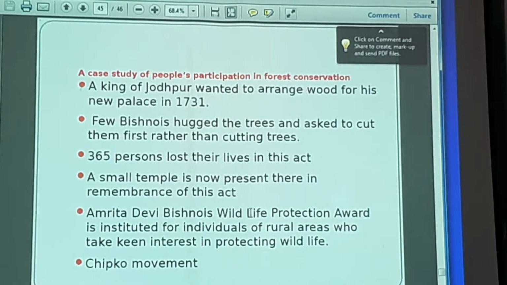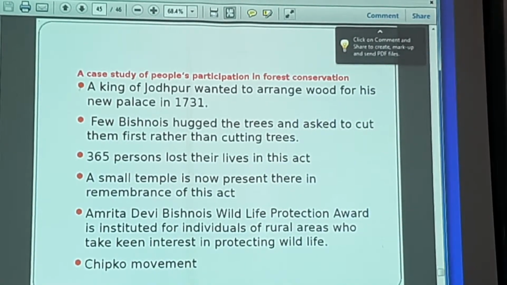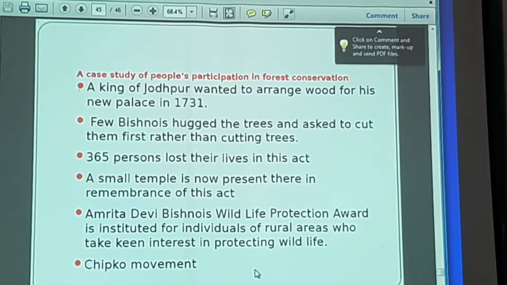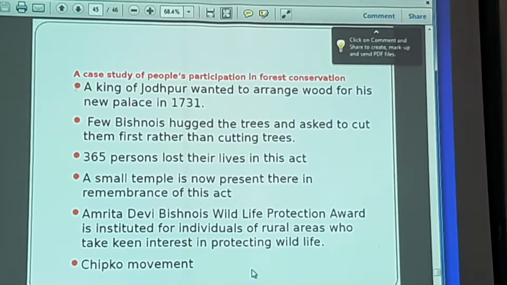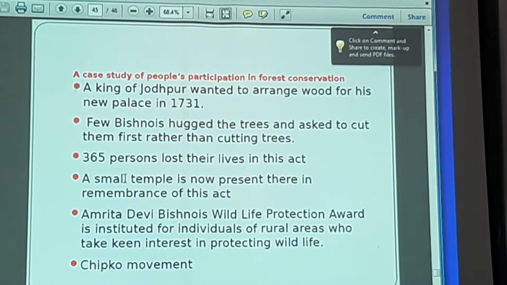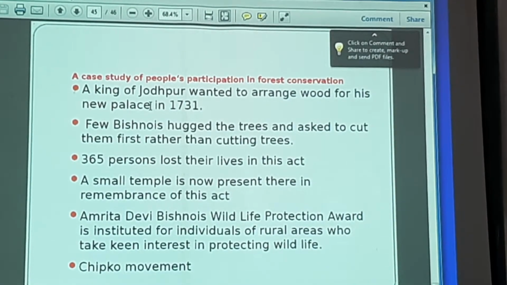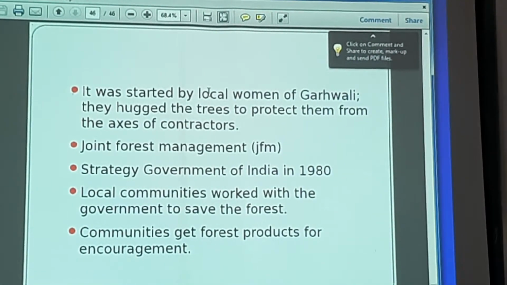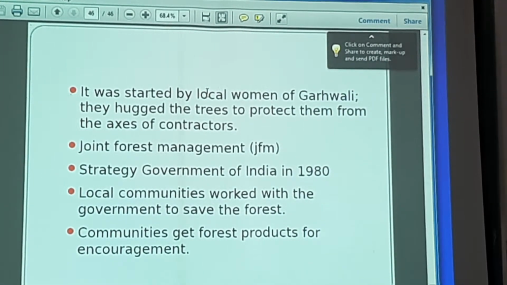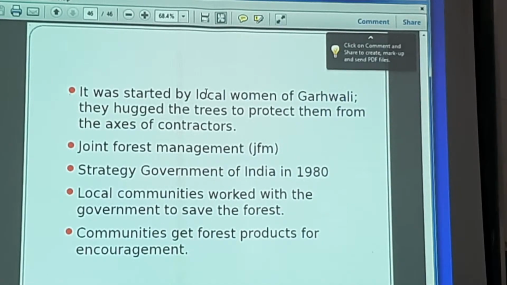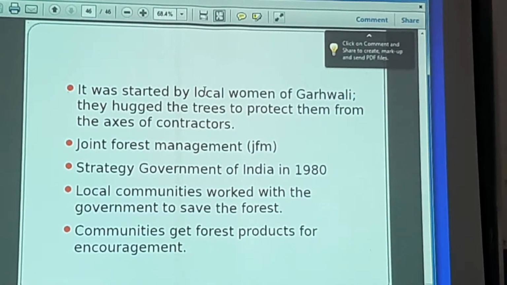The Amrita Devi Bishnoi Wildlife Protection Award is given to individuals of rural areas who take interest in protecting plants. The Chipko movement also started here. It was started by the women of Garhwal. They also hugged the trees to protect them from the contractors.